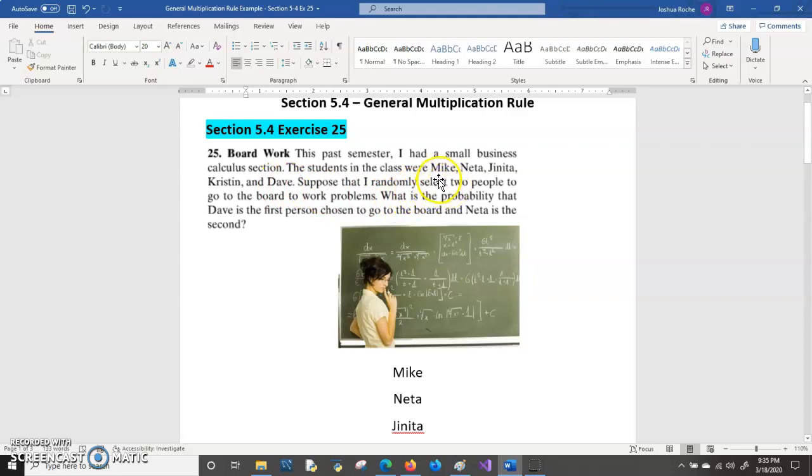The teacher is going to select 2 people to go up to the board to work out a problem. What is the probability that Dave is the first person chosen and Netta is the second person chosen?